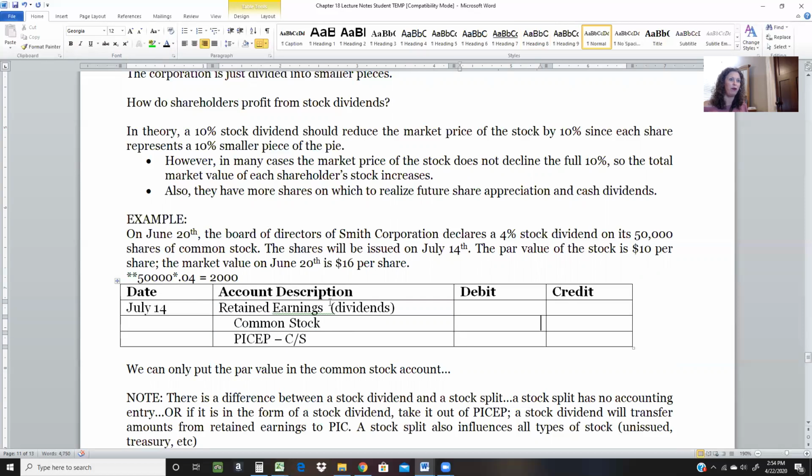The par value of those 2,000 shares is $10, so 20,000 goes here. But the stock is worth 16, so the excess of 6 times 2,000, or 12,000, goes here. So the value of our dividend is $32,000. We only put the par value in the common stock account. Anything in excess goes there.